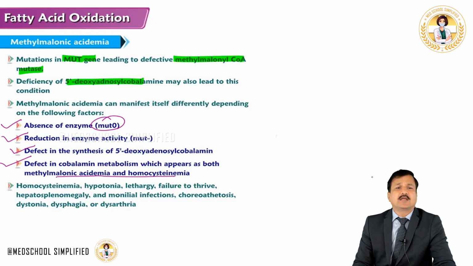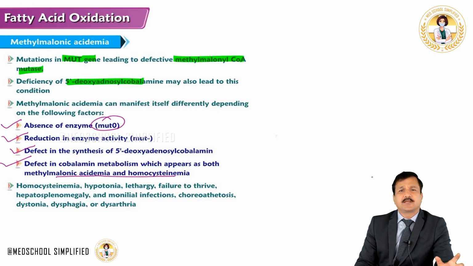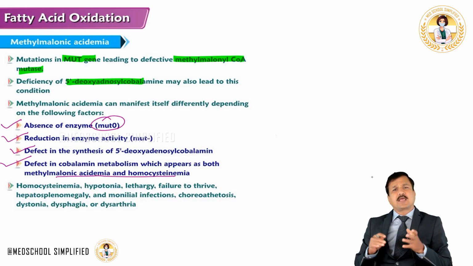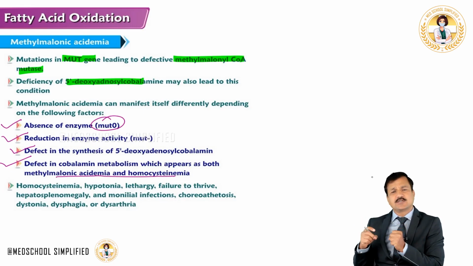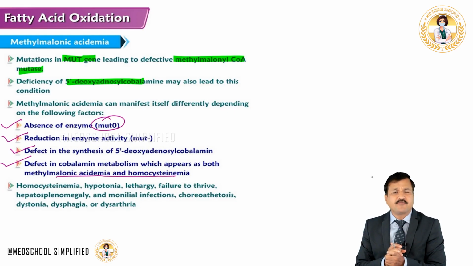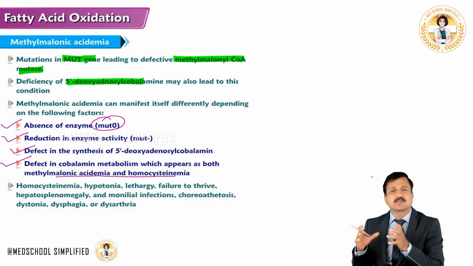Now, what are the clinical signs and symptoms in methylmalonic acidemia? Patients can manifest with vomiting, dehydration, lethargy, seizures, and recurrent infections. Progressive encephalopathies are some of the features of this condition.